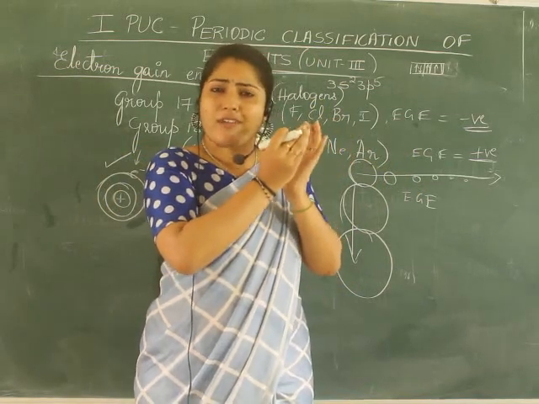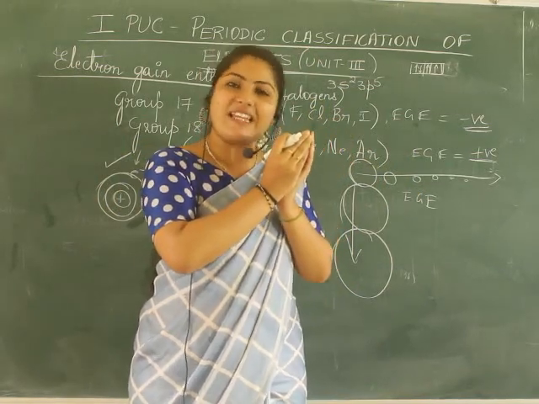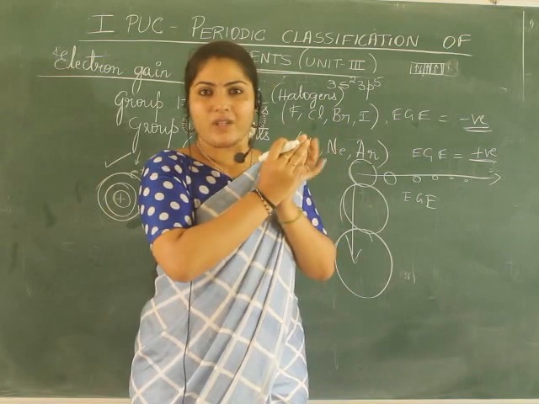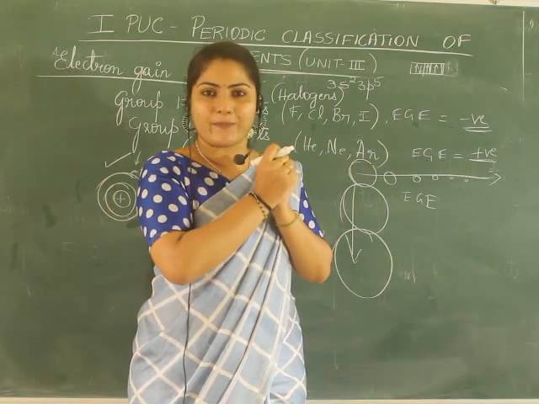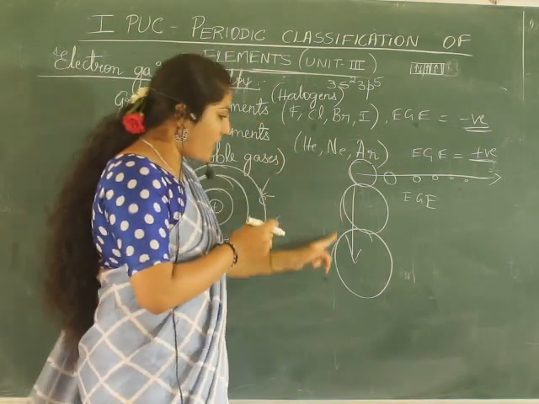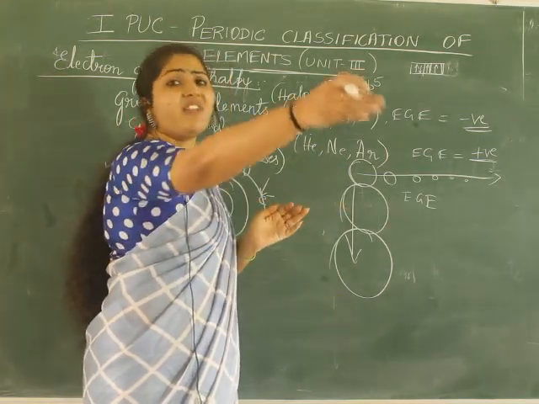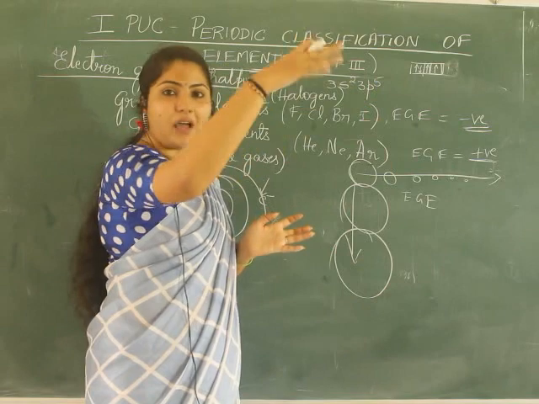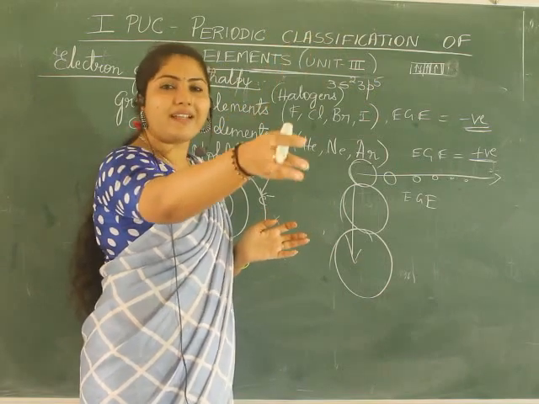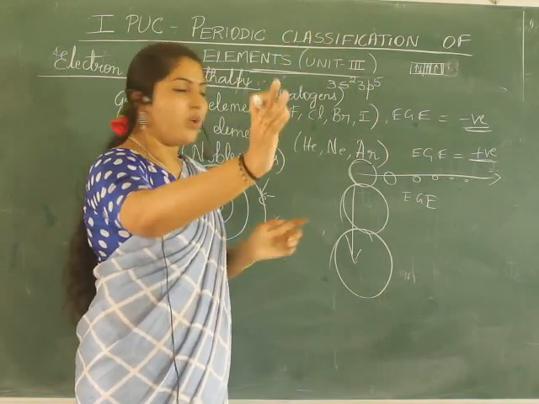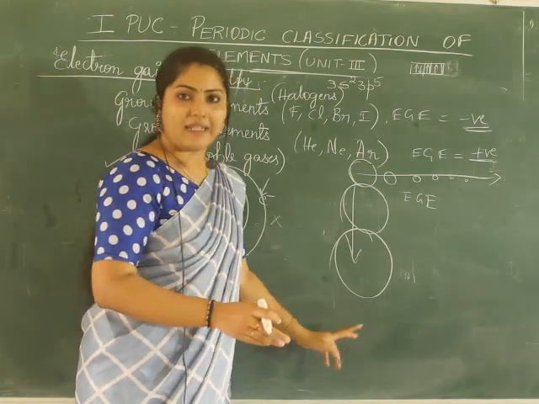So the nucleus is very close to the outermost shell. It's very easy to attract the electron, pull it and hold it. Whereas if you go down the group, the size is very large. The nucleus is very far from the outermost shell. Will the electron feel like coming in? No. So electron gain enthalpy decreases.